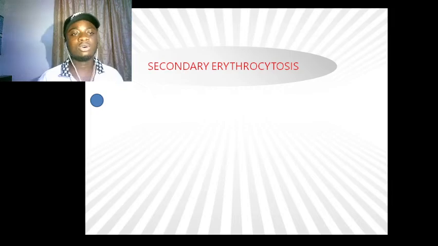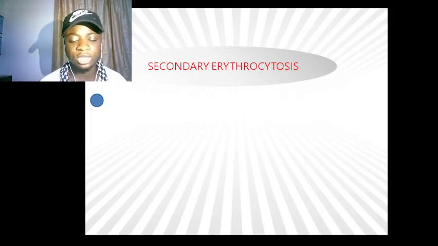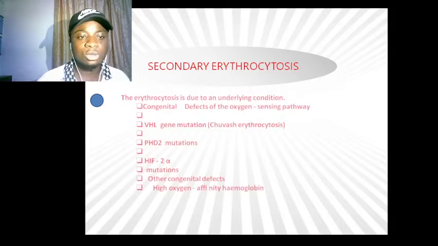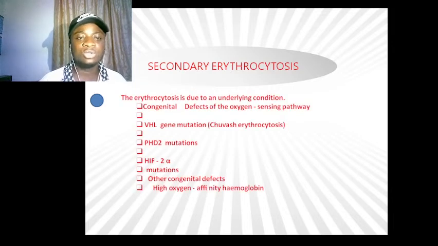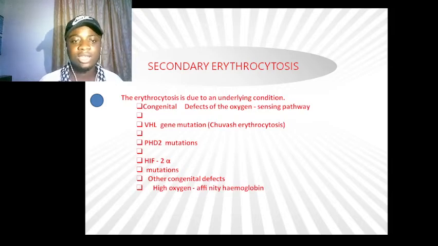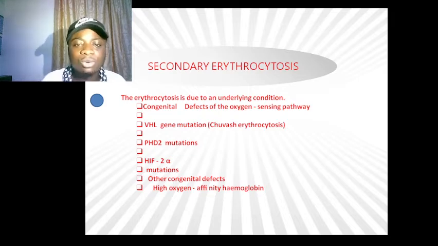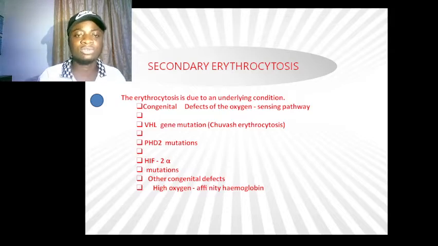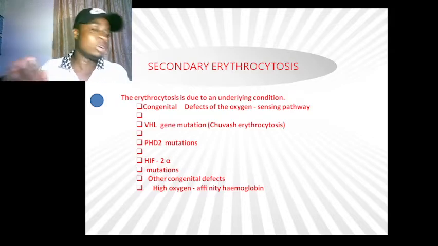So let's move more into the secondary erythrocytosis, which is very important. So the erythrocytosis is due to an underlying condition. So remember that here the erythrocytosis is due to an underlying condition. It's not as a result of problem coming from the erythroid progenitor cells.